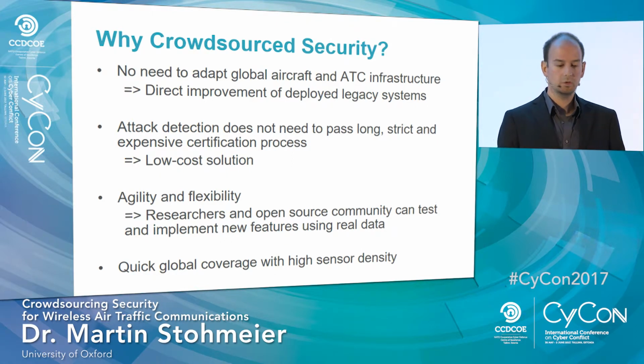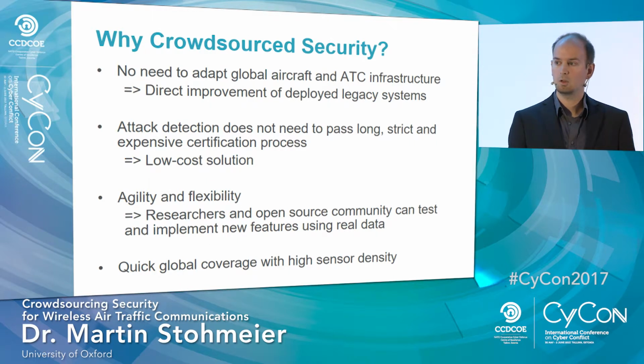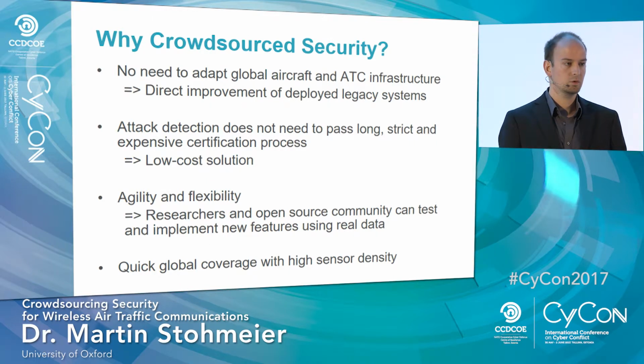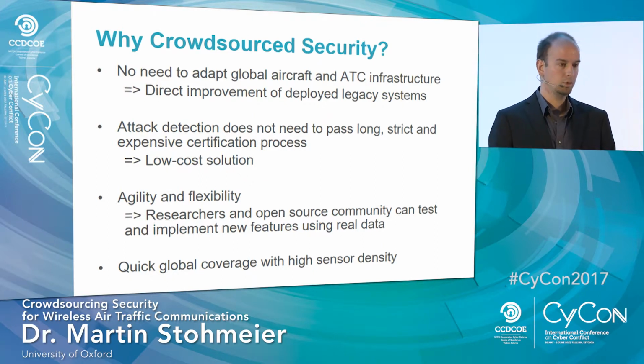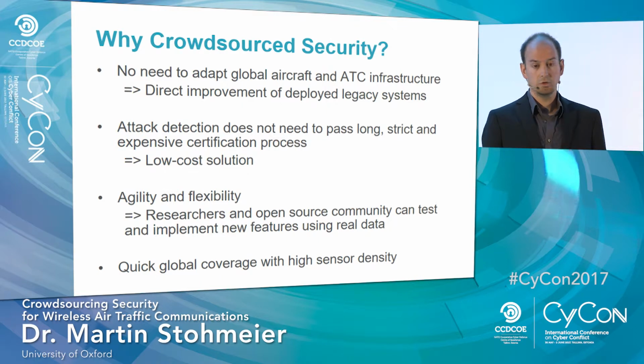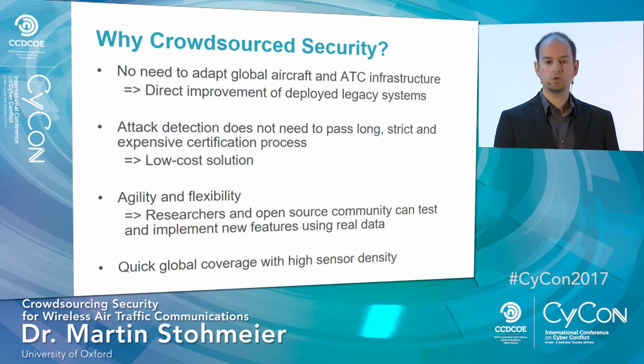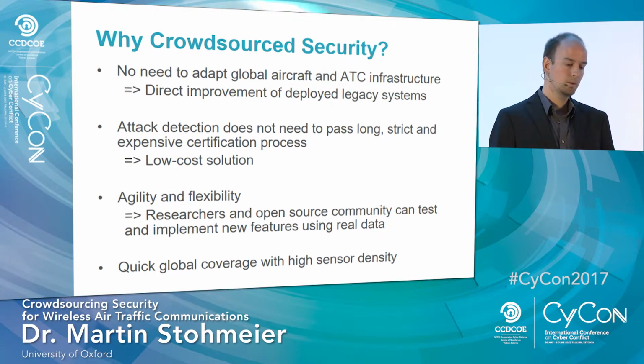First of all, we do not need to adapt the existing global aircraft and ATC infrastructure. And as you might have gathered from the previous points, this is a big advantage. We can directly improve existing and deployed legacy systems. Furthermore, the attack detection system doesn't have to pass all of these certification processes because it's not directly safety relevant for an aircraft to fly.